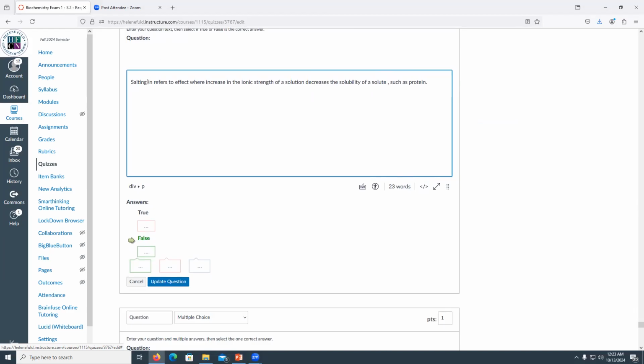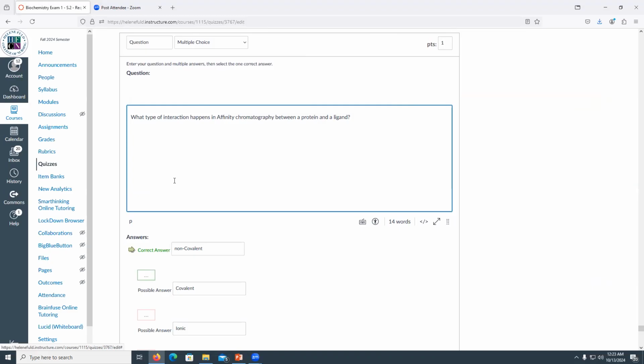Yeah, it's false. Increased ionic strength decreasing the solubility, no, that's salting out.